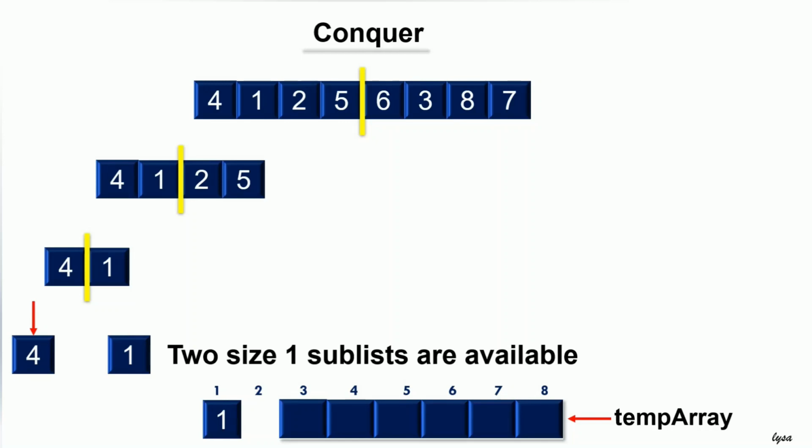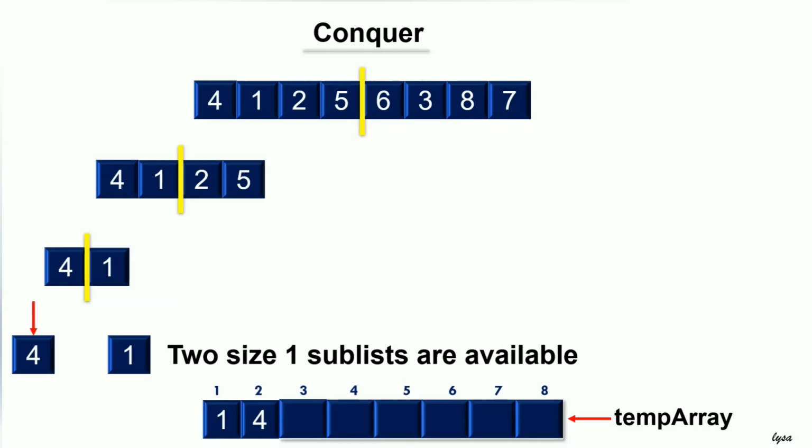When I move the pointer, which is at 1, I have come to the end of the sublist, so that sublist is over. Then I move to the other sublist. There is still a pointer to 4. I will copy it into the temporary array.